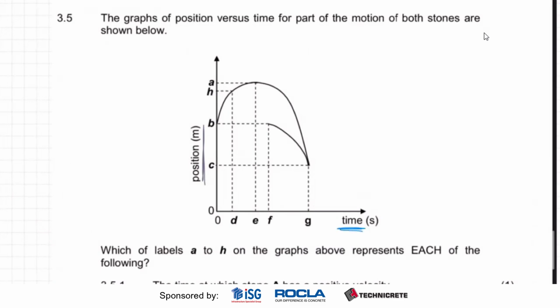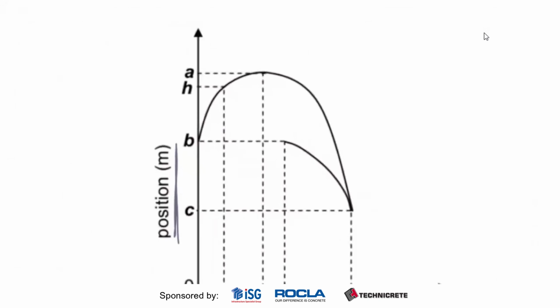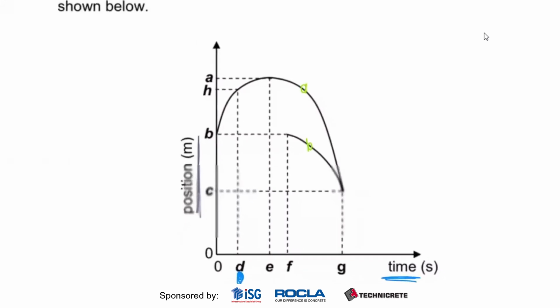So we can work out from this graph that, if we say the top line is rock A and the bottom line is rock B, A was thrown off the building and it went up to reach a point and then it went down until it hit the ground, and stone B was just dropped off the side, so it would have gone like that.